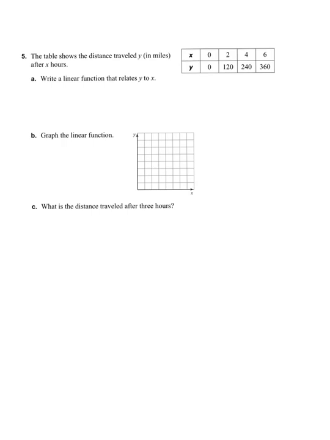Question number 5 is going to start the same way. We're going to look at how our x is changing. It looks like our x is changing by positive 2, plus 2, plus 2, plus 2. Here in the bottom it's going plus 120, plus 120, plus 120.